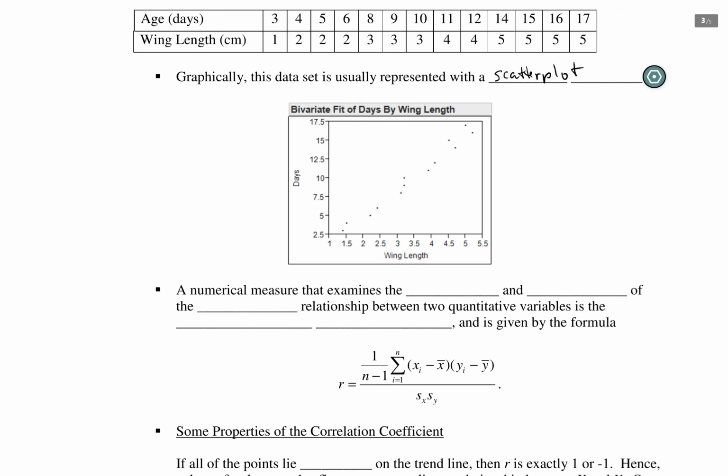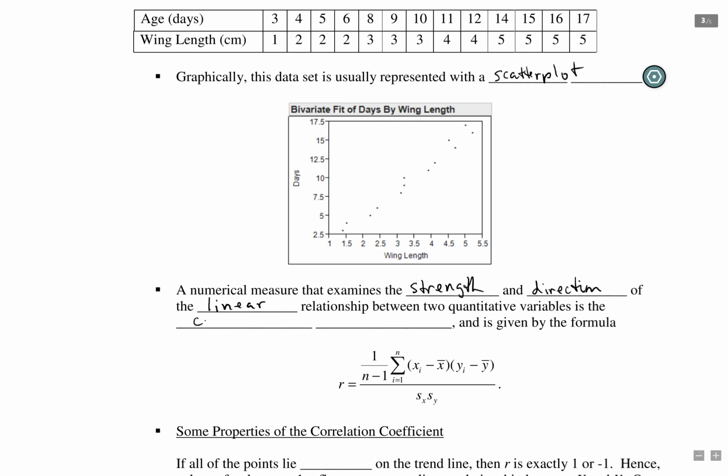And a numerical measure that does that for us is called the correlation coefficient. In particular, it examines the strength and the direction of not just any relationship, but the linear relationship between two quantitative variables.